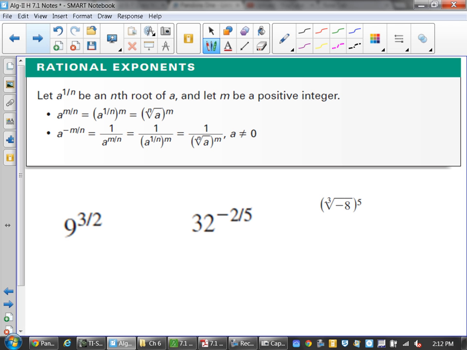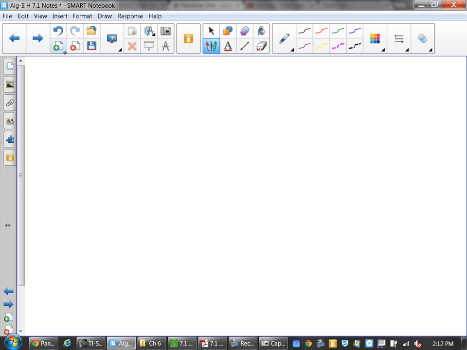Which means that we can rewrite things in different terms now. It's called a rational exponent. A rational exponent is a fractional exponent.